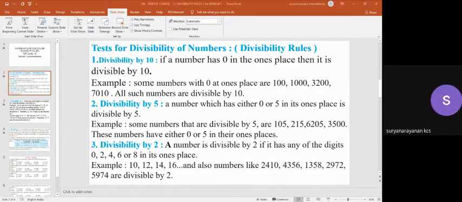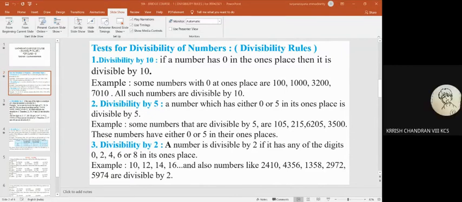The audio disturbance, Trinson. Your audio is disturbing. Okay, Krish, can you tell me, 723 is divisible by 10 or not?